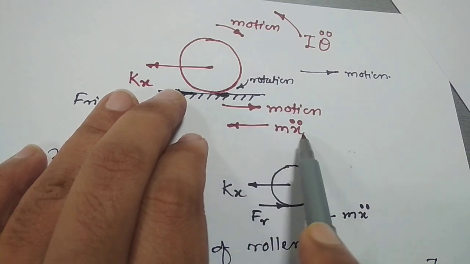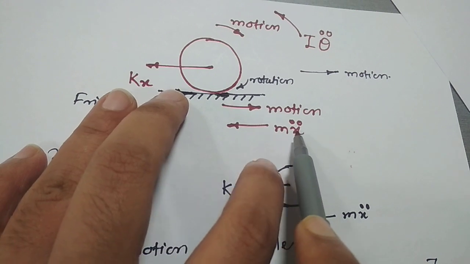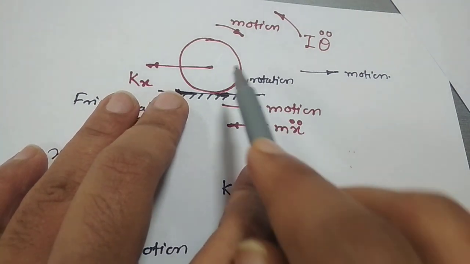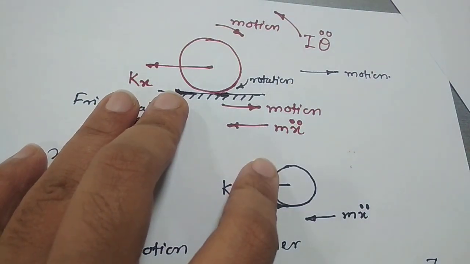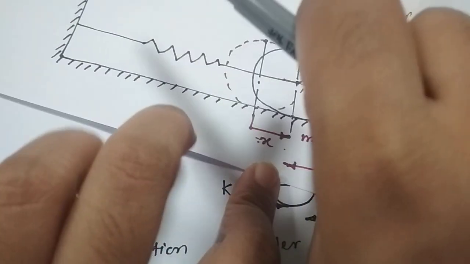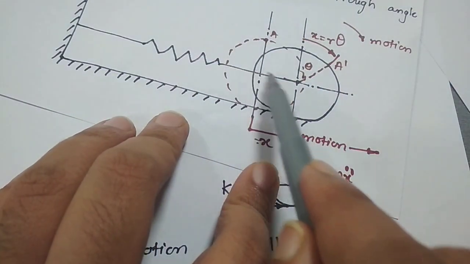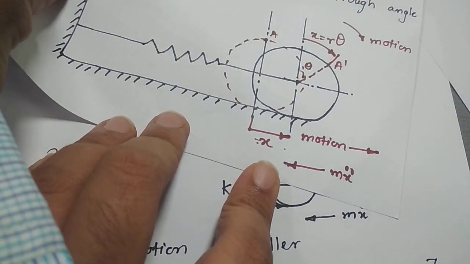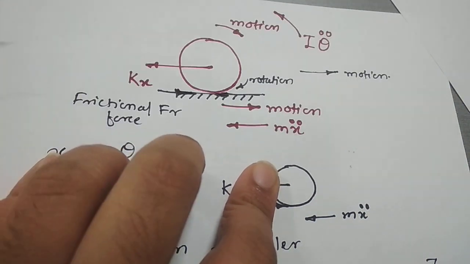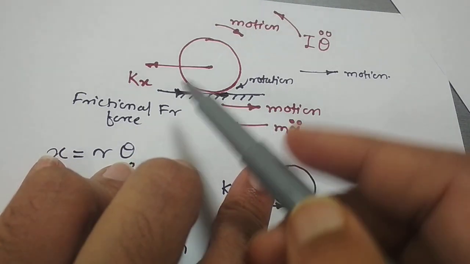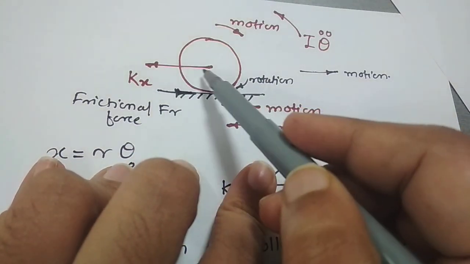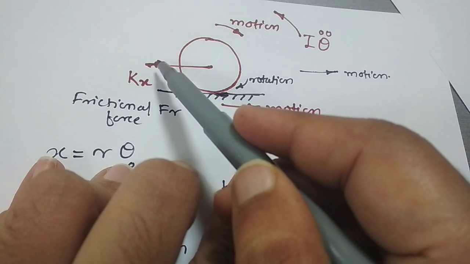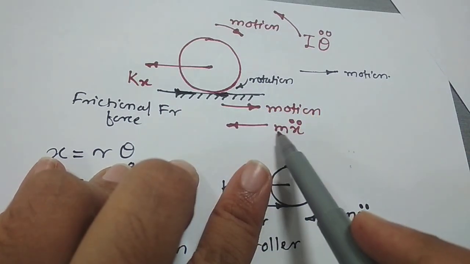So mass into x double dot will act opposite to the motion. Similarly, here the spring gets extended. Due to that extension, the restoring force kx will act like this in a negative direction.